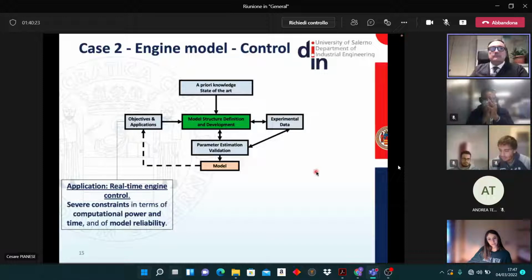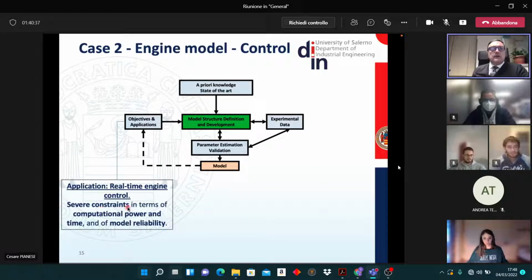So for an engine model for control, you need real-time control. There are severe constraints in terms of computational power and time, and of course a lot of model reliability.